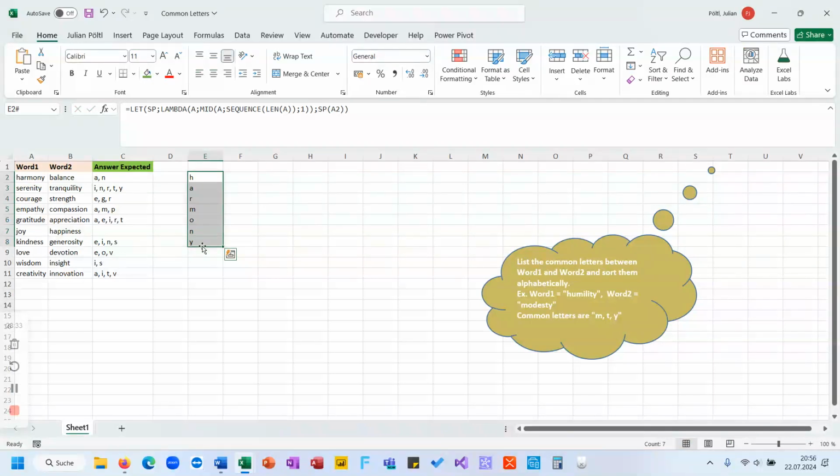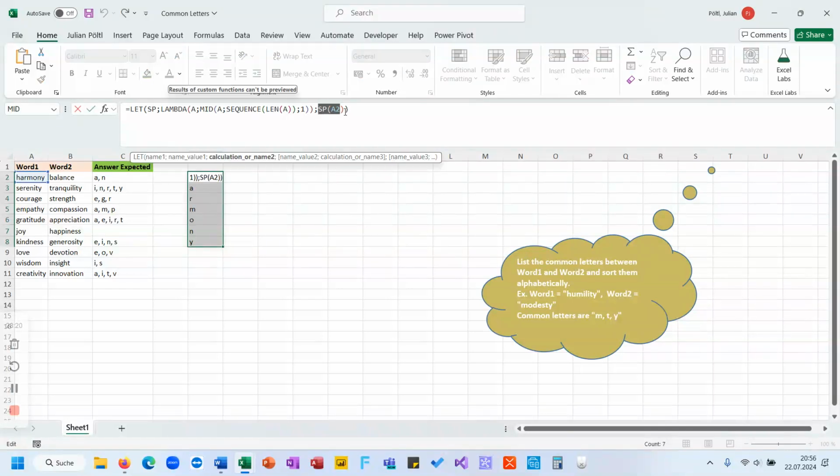I think this feature is quite cool. And therefore, I want to have a unique here. Then I split both words and I'll match them together.